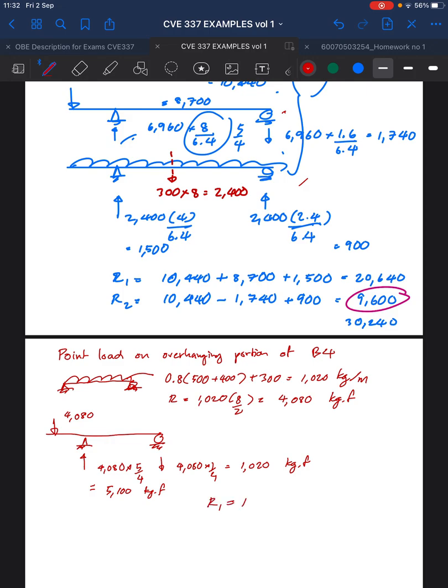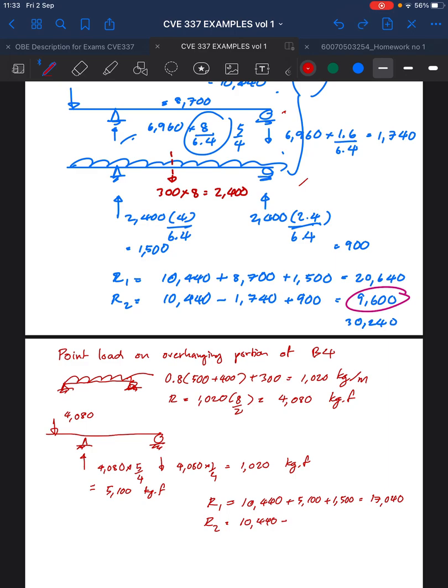So okay, now we're going to have R1 equals 10,440 plus 5100 plus 1500. So that is, okay, 17,040. And R2 will become just the same, but oops, that has to be minus, right?